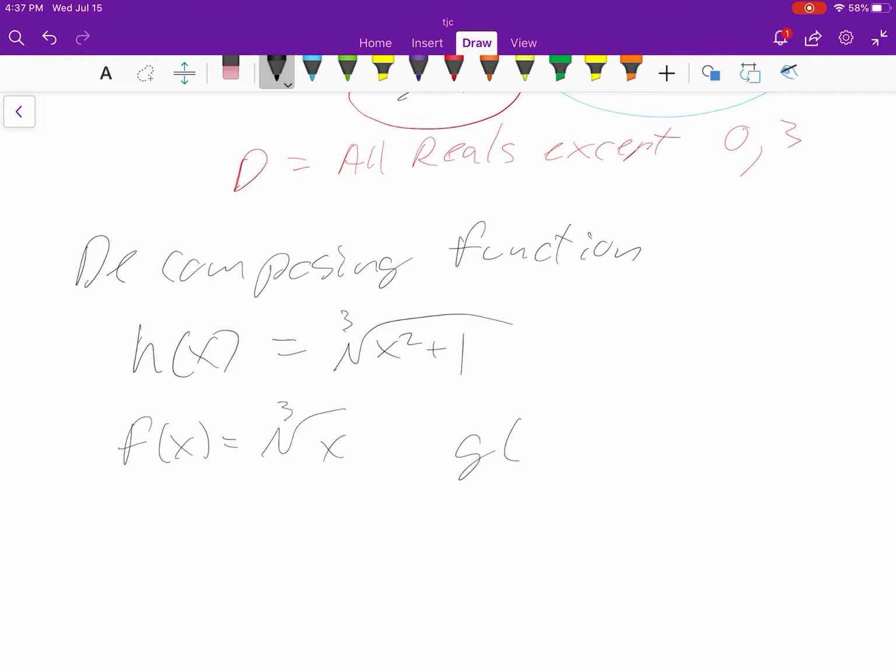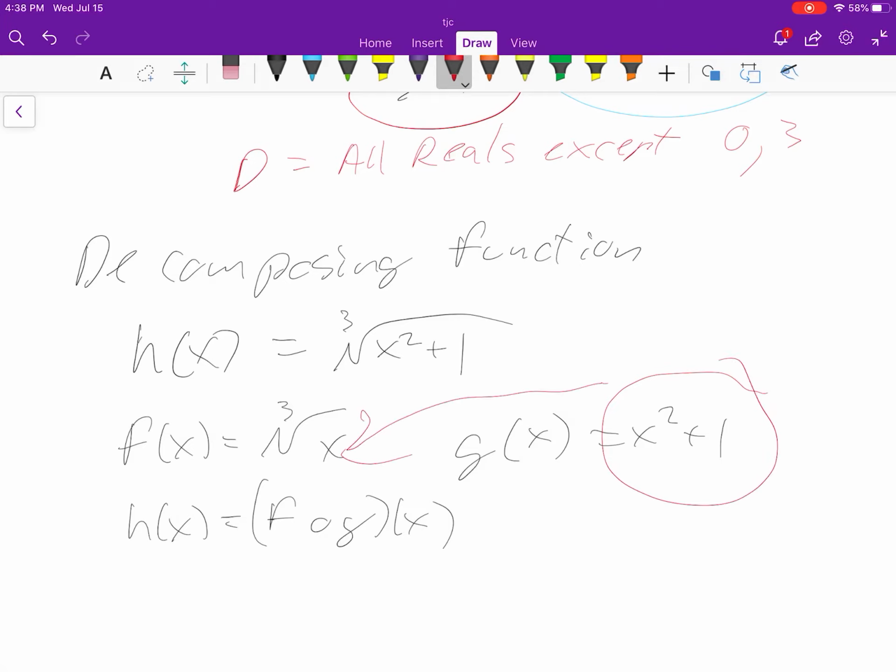You could say f equals cube root of x, and g equals x squared plus 1, and then h we could define as equaling f of g of x, which is the g function here plugged in for x, and it'll return this guy here. Okay, so that's decomposing. They're going to give you a function and see if you can break it up into two compositions. There isn't really a procedure for doing that. You just intuitively look at it and figure it out. All right, that's it on this chapter.